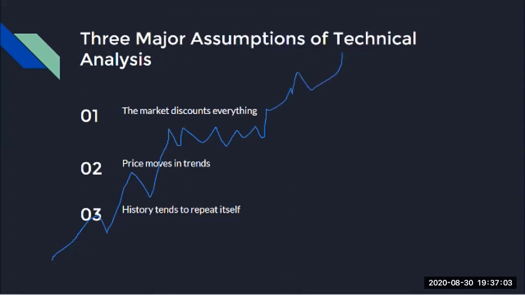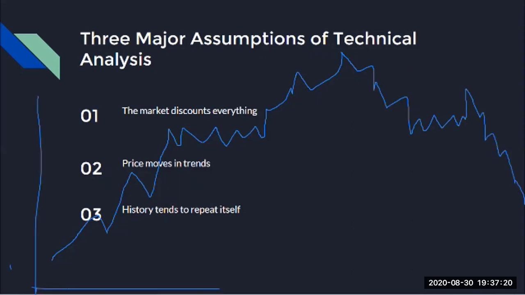Forgive my drawing. After some time, it decided that I'm not going up anymore, and begins to go down. Maybe it might not get to a range for a while, goes up, and starts coming down again. This is basically what market data looks like. If you see price charts, this is what they look like. So what will happen is this continues to repeat itself over days, over weeks, over months, over years.